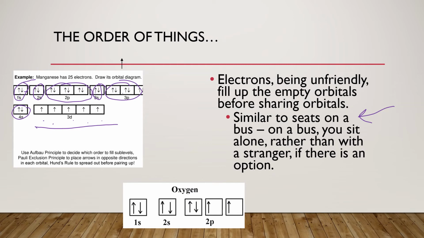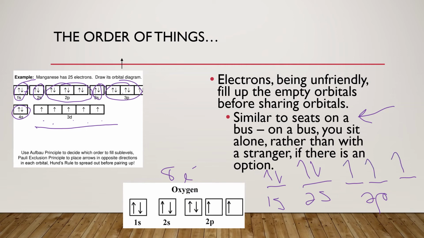Okay? If you look down here at oxygen, I'm going to draw my lines. So we have 1s, and this is exactly how you're going to do yours. 1s gets filled. We have a total of 8 electrons in oxygen. 2s gets filled. Then we go to 2p. Remember, 2p has 3 orbitals, so I'm going to draw 3 little lines, and I'm going to go 1, 2, 3.